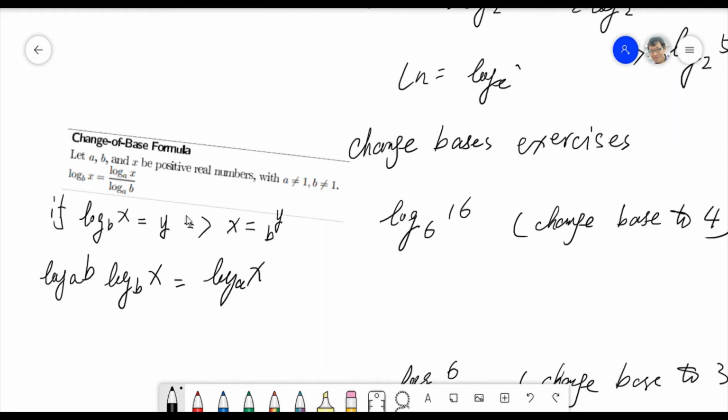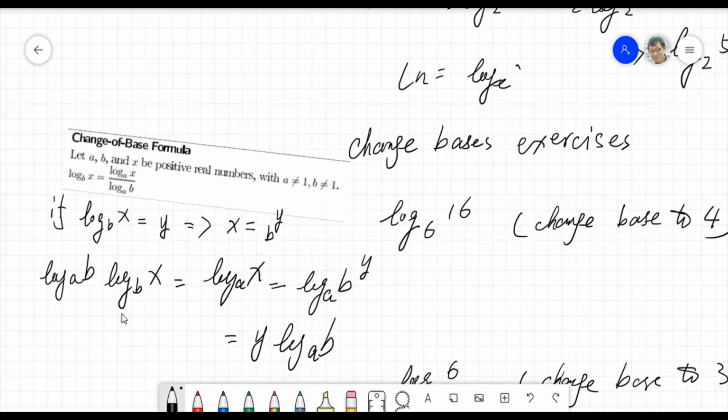B to the y power, right? Okay. So since x is here, we can write log base a of b to the y power. The y power can move to the front, so it becomes y log base a of b. So let's see the left side. Log base a of b is already here, and log base b of x is already y. So it's already proved, right?